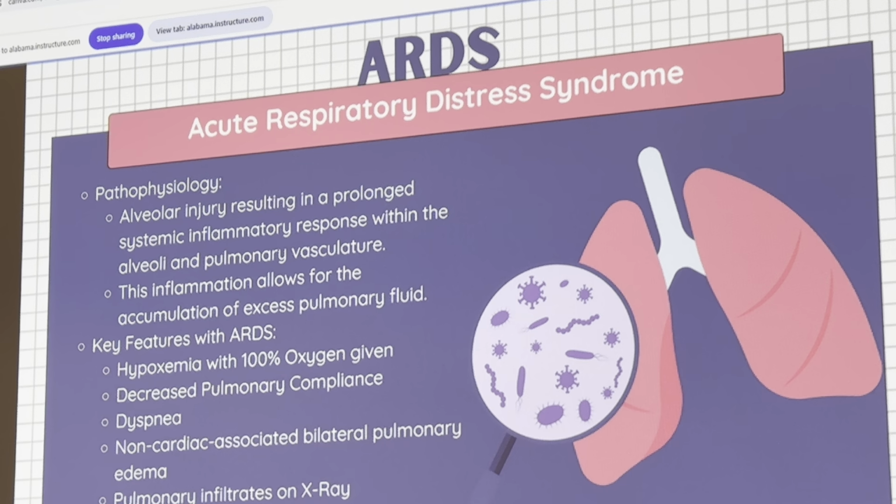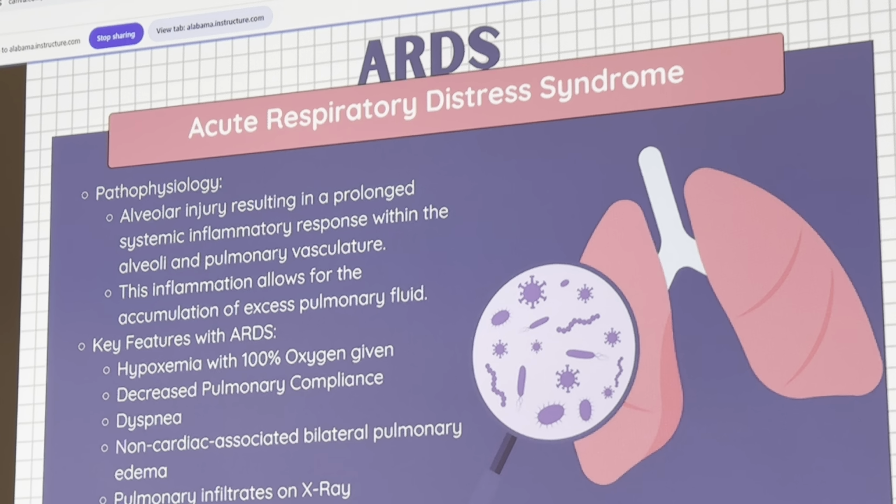With this increased inflammation, I'm also going to have an increased amount of fluid within my lung space as well. And that's going to be one of those later symptoms. Your key feature with ARDS is hypoxemia, even though I'm giving 100% pure oxygen.